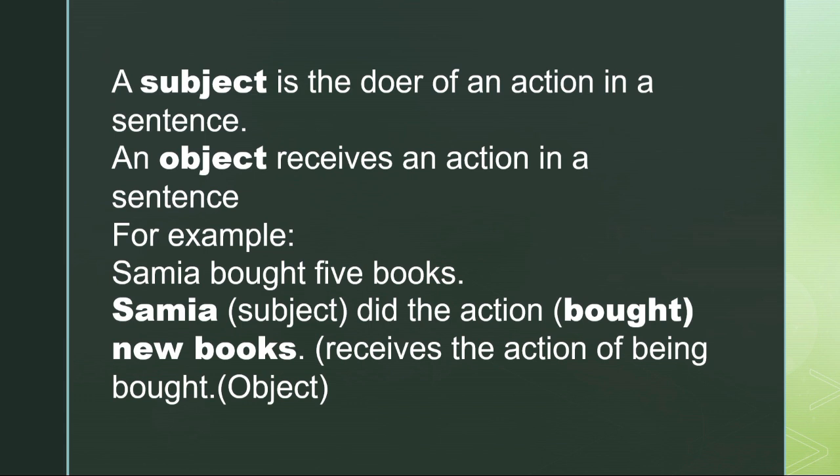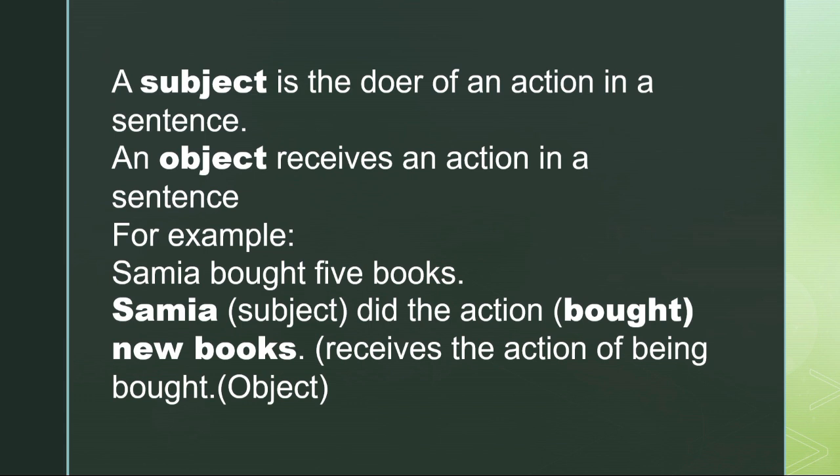Now, we are saying that we can replace these nouns with pronouns. And these pronouns are the ones we are referring to as personal pronouns. Look at this sentence, for example. Samia bought 5 books. Samia here is our subject doing the action of buying.